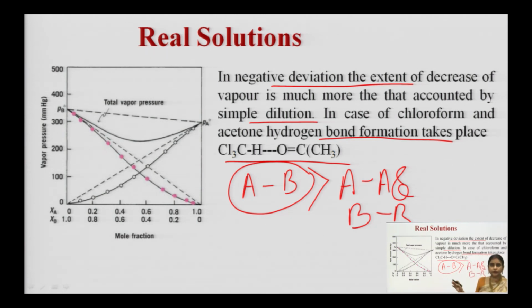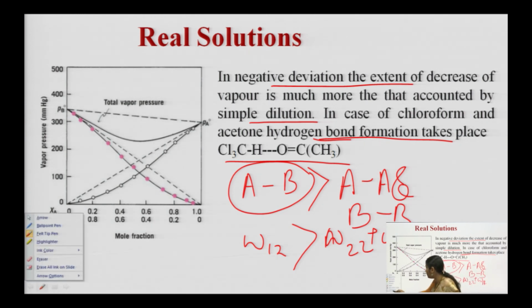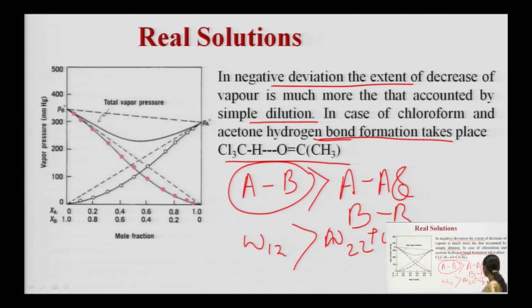But if we remove this geometrical mean, and say that other than van der Waals force, hydrogen bonds and other forces are acting, then the force of attraction between your solute and solvent will be greater than the force of attraction within each. So, this is your negative deviation.